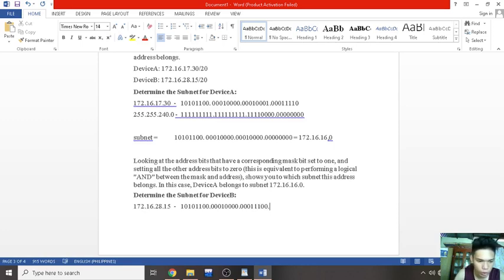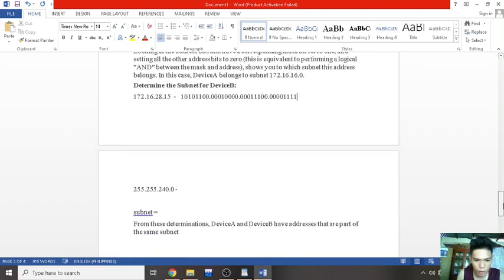Next one is 15, so we have 0 0 0 0 and then the rest will be 1. Now we identify the subnet mask. First is a complete 255. Next we have 240, the same as in number 1. Then the last is 0.